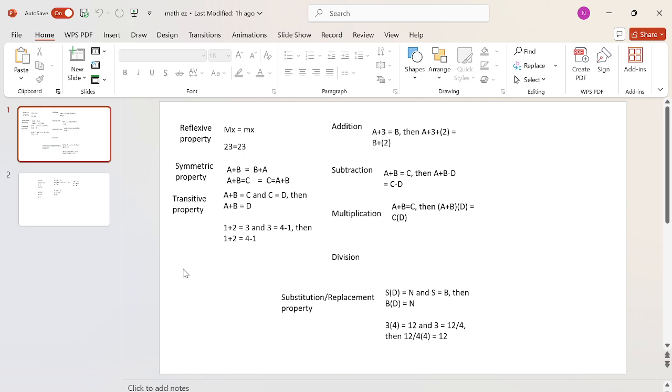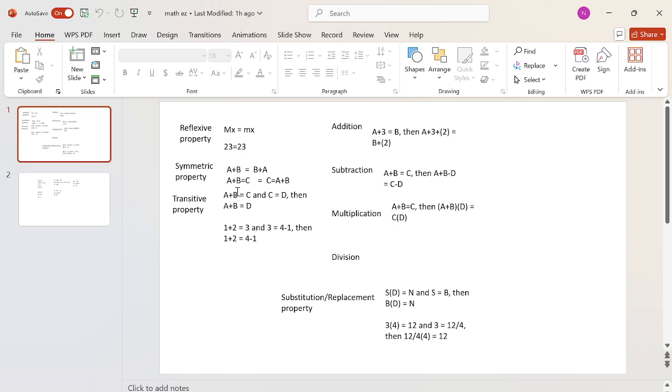The symmetric property is basically that you can interchange it. If it's addition and multiplication, you can interchange it because it does not matter which side the other thing is on. But if it's division and subtraction, you won't be able to interchange it because the value would be different.